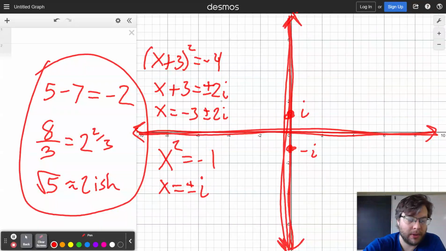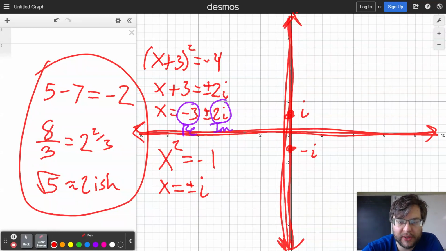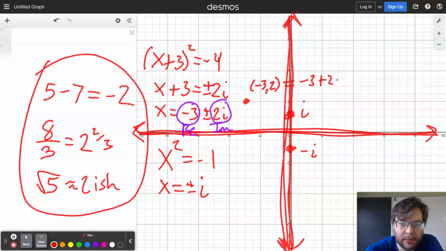That has a real part, and it has an imaginary part. The real part functions just like your x value on an xy plane. So we go 3 steps left and 2 steps up for the imaginary part. The point -3, 2 is equivalent to the number -3 plus 2i. There's also the buddy point down here, -3 minus 2i.